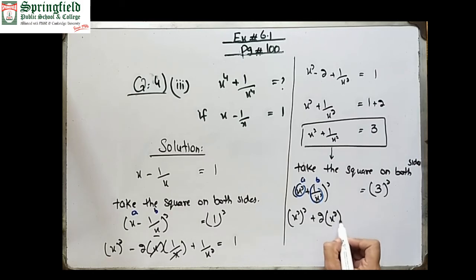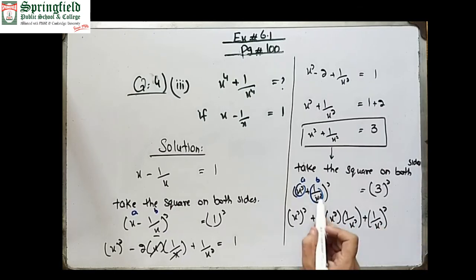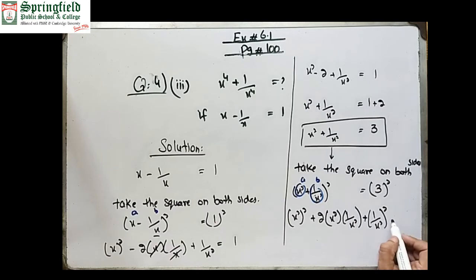2ab, b is 1 by x square, and then plus b square, 1 by x square. This is the value of b, 1 by x square. So (1 by x square) power 2 is equal to 3, 3 is 9.